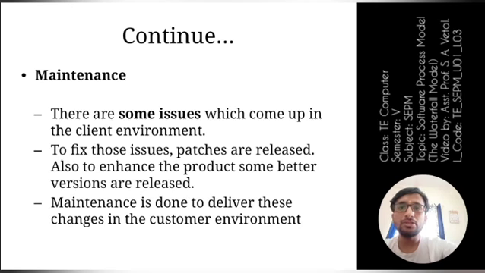To fix those issues, we can release patches. Also, to enhance the product, better versions are released. That comes under maintenance. Sometimes the customer requires some additional functionality in his software, so that also comes under maintenance. Maintenance is done to deliver the changes in the customer's requirements.